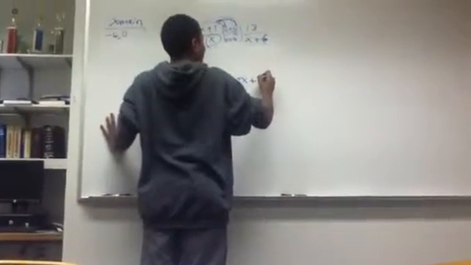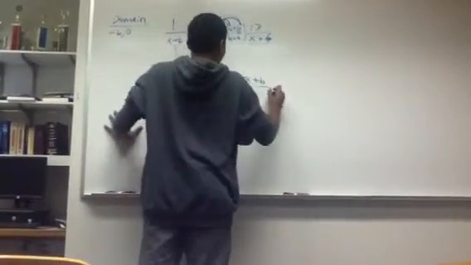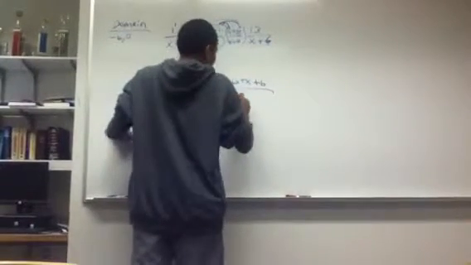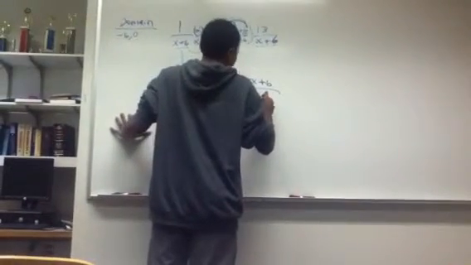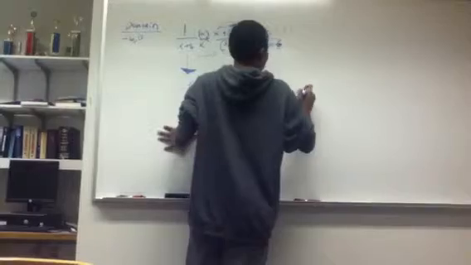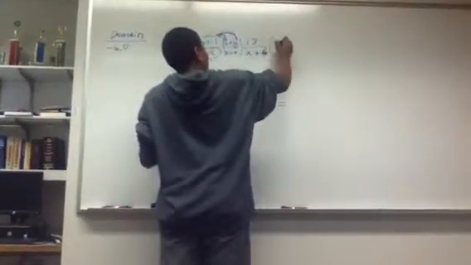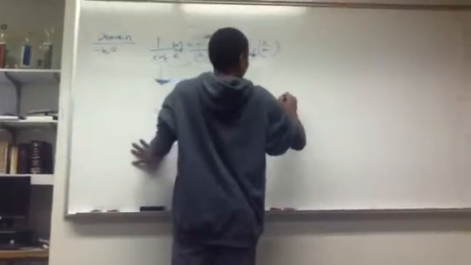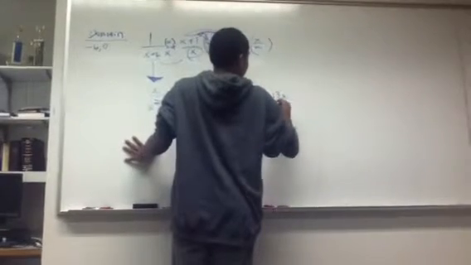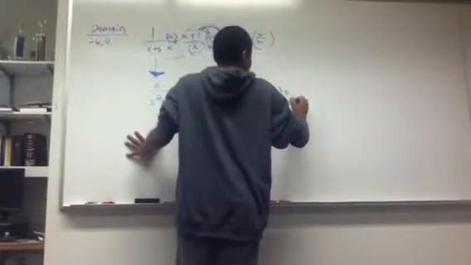Plus 6 over x squared plus 6x equals, you would multiply this by x over x, and you would get 13x over x squared plus 6x.